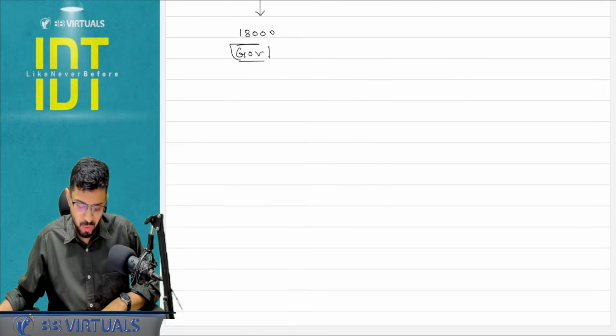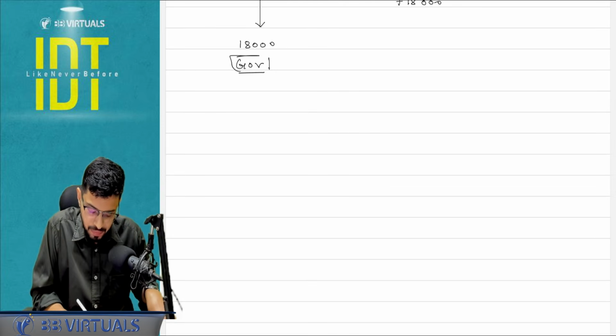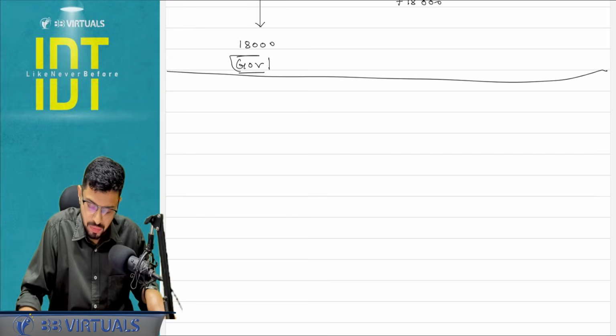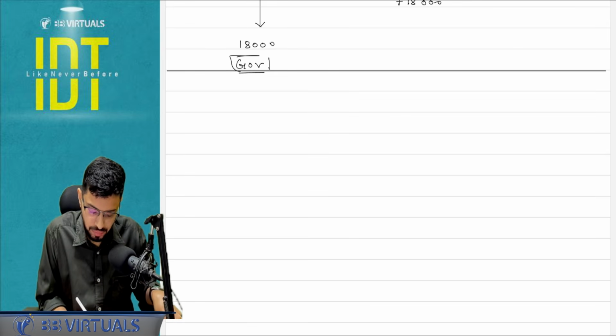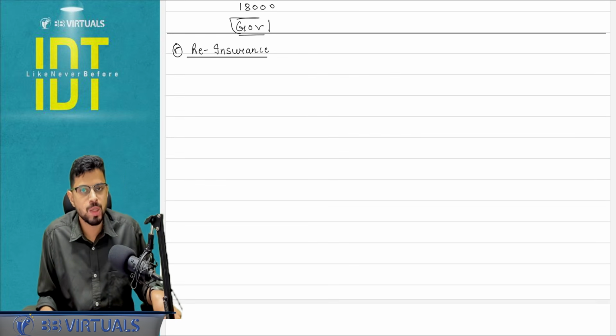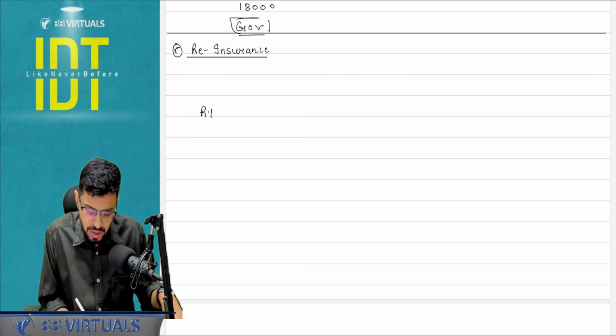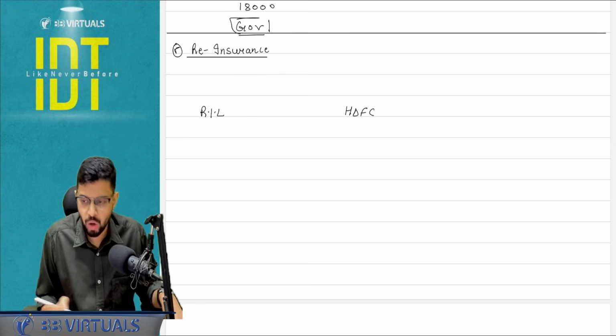Now, let's move to the next part. Reinsurance. There was a big insurance work which was to be undertaken, a very big insurance policy which was to be issued to Reliance Industries Limited, for which HDFC Insurance Company got the contract.